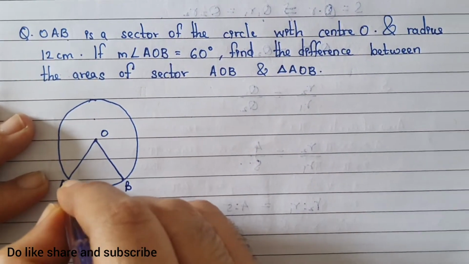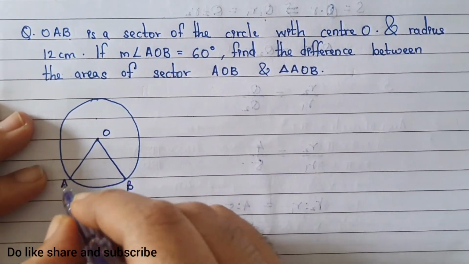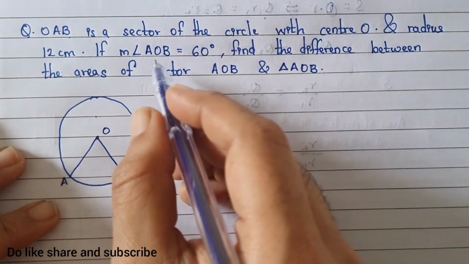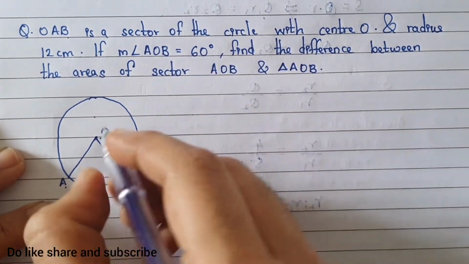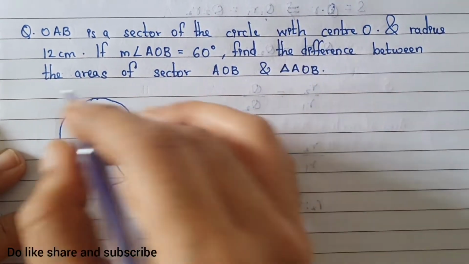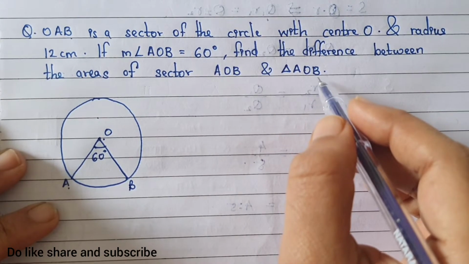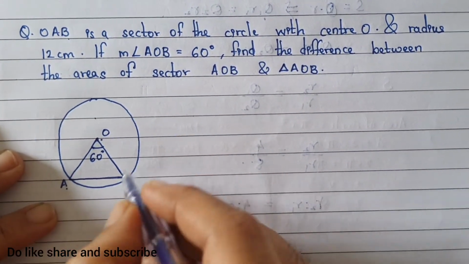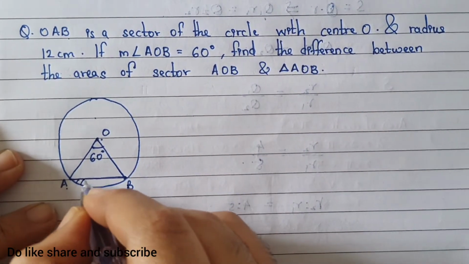The radius is 12 centimeters, so OA and OB will be 12 centimeters. The measure of angle AOB is given as 60 degrees. Find the difference between the areas of the sector AOB and triangle AOB. For the triangle AOB we have to join this, so we'll get a triangle. So basically we have to calculate this shaded portion.